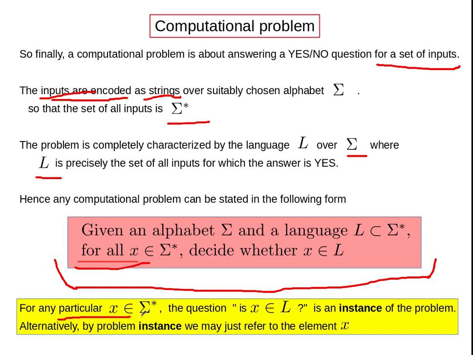For any particular string in the set of all strings, the question "is x an element of L" is an instance of the problem. Or we can simply say that this element x is an instance. These two are interchangeable, so there should not be any confusion about whether the statement "x belongs to L" is an instance or x itself is an instance. You can use either one; they are essentially equivalent.